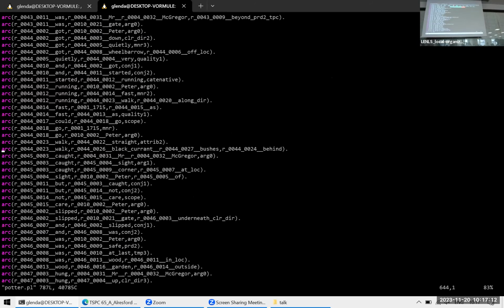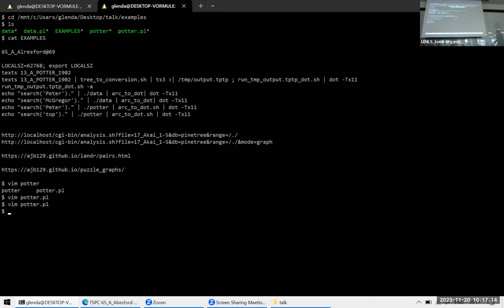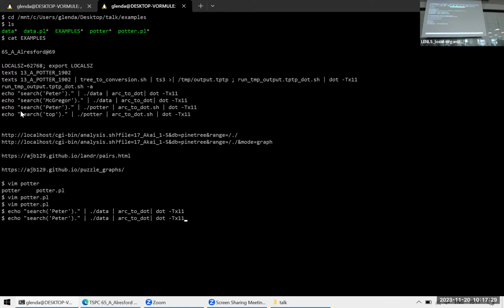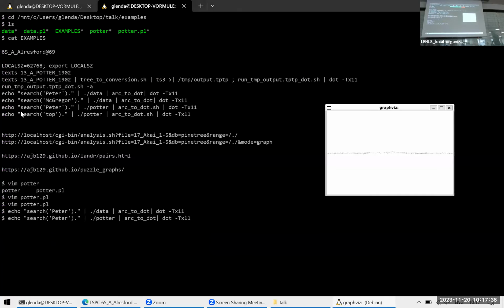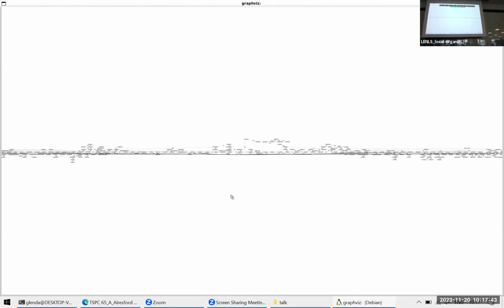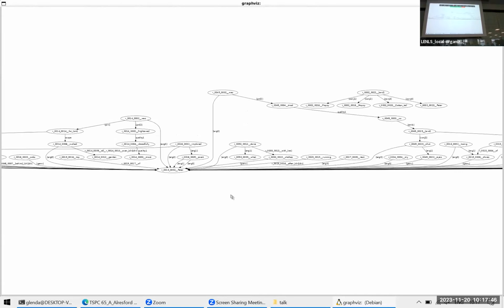So now we can ask what happened to Peter, if you're really that interested. Oh, wrong data set. So here, this is all the things that happened to Peter Rabbit in Peter Rabbit. If you really want to enter any quiz.